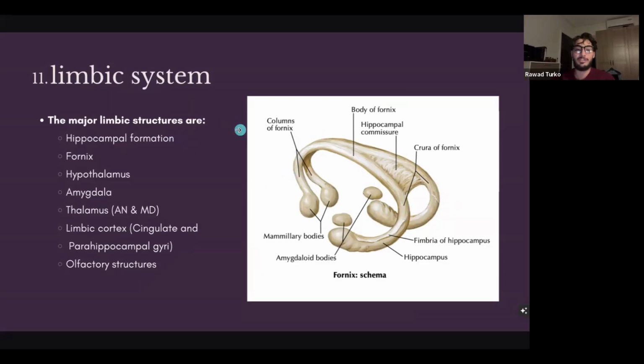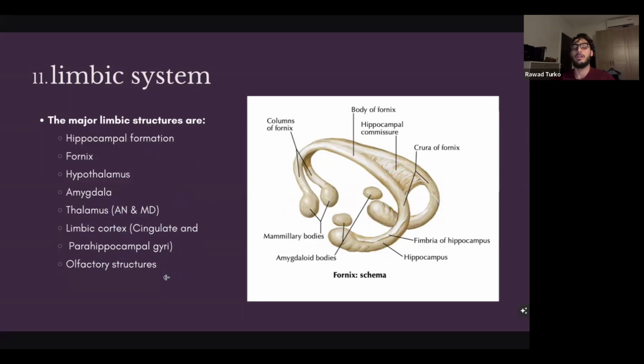But for now, the major limbic structures I want you to know are the hippocampal formation, which is obviously the hippocampus, the fornix, the hypothalamus, the amygdala, which is at the end of the hippocampus, the thalamus, specifically the dorsomedial and anterior nuclei, the limbic cortex, so the cingulate and parahippocampal gyri, and the olfactory structures.